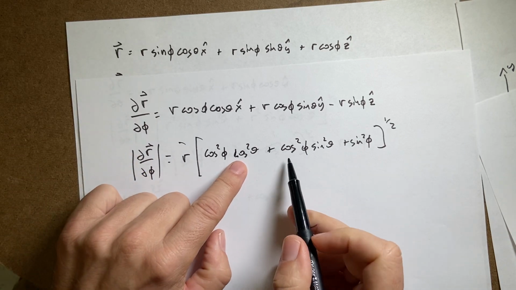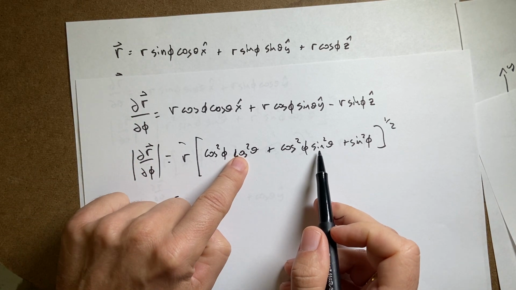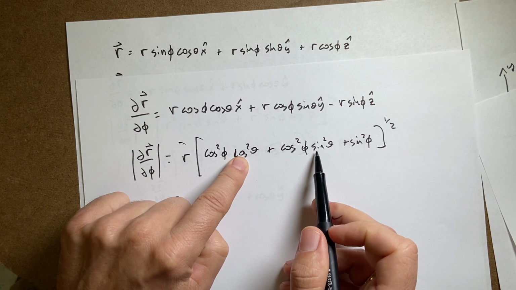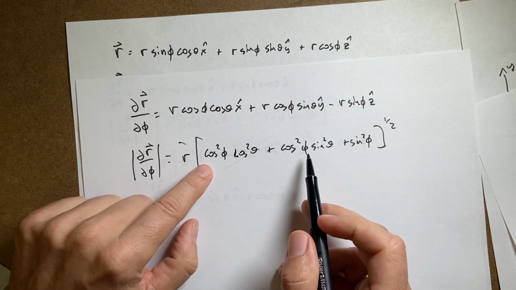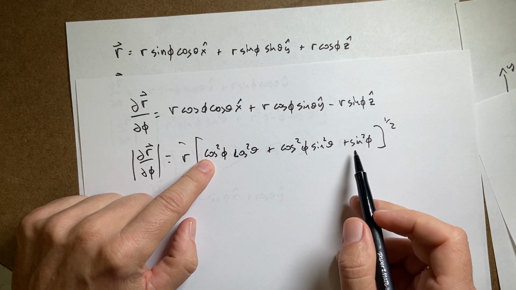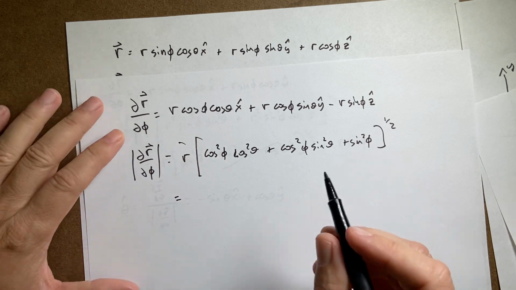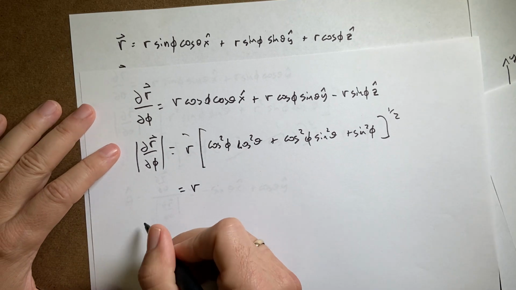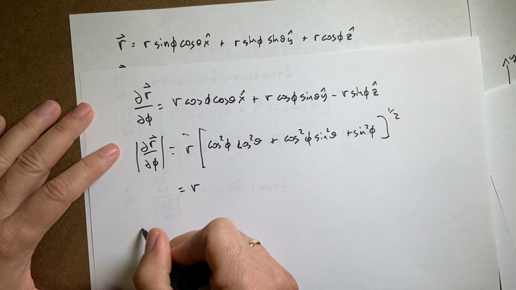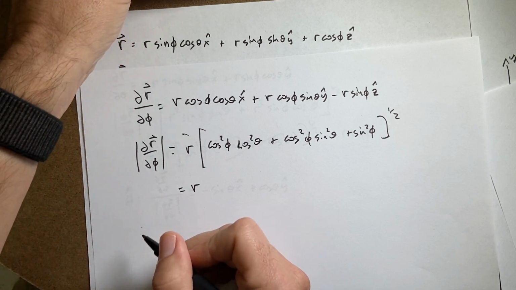Okay, so here I'm going to factor out a cosine squared, and I get cosine squared plus sine squared, and that's going to be 1. And then I'm going to get cosine squared phi plus sine squared phi, that's 1 too. So I get r.